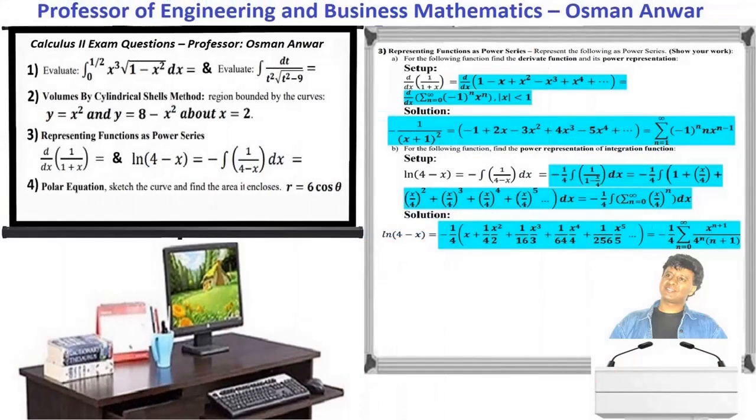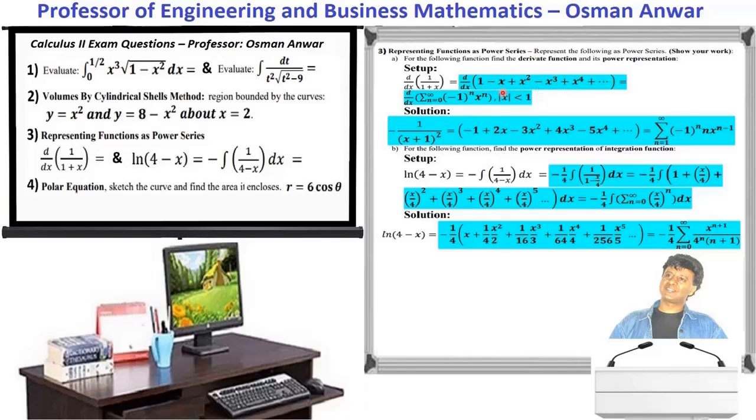Then I have another example, calculus 2, and this is representing a function as a power series. So this is the derivative of 1 over 1 plus x. It represents this as a power series. So this is the same as representing d by dx of this power series 1 minus x plus x squared minus x cubed plus x to the 4.